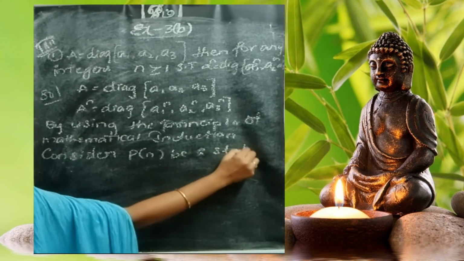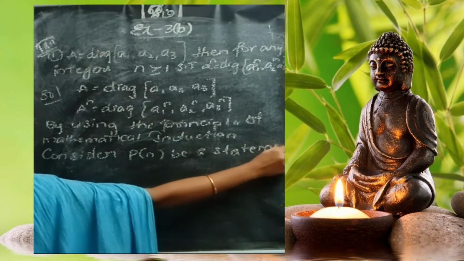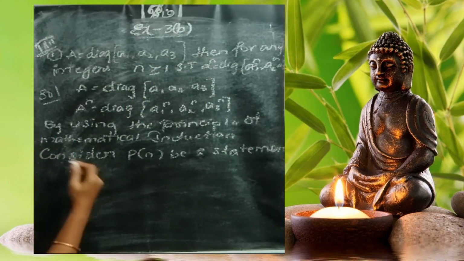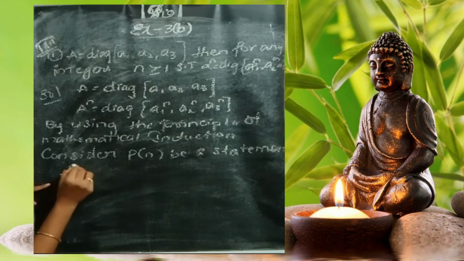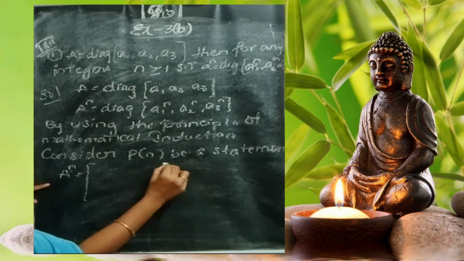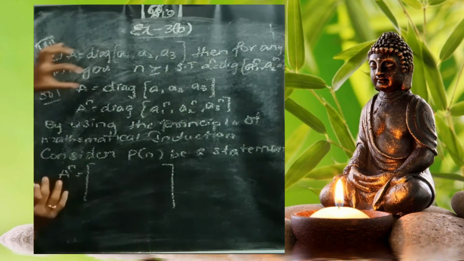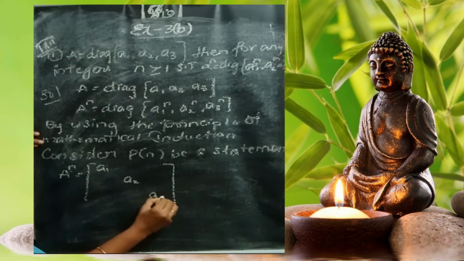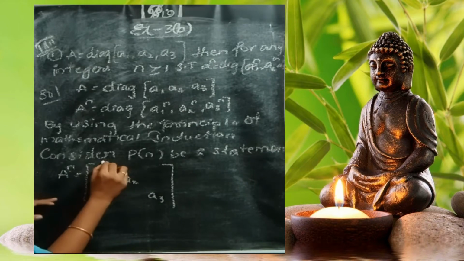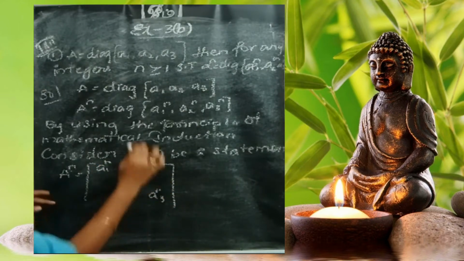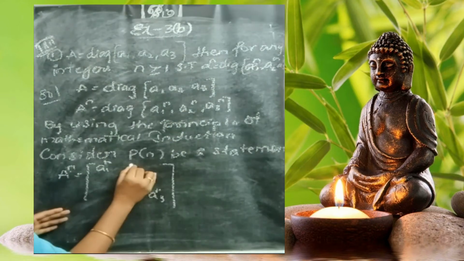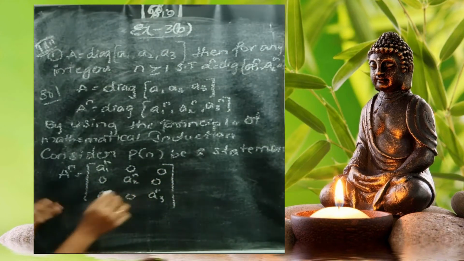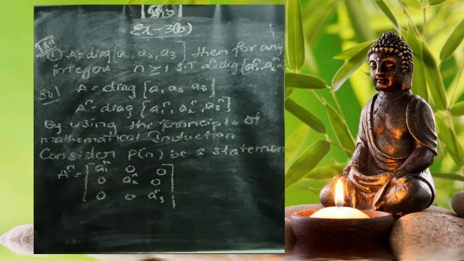Because we have to prove it for all the positive integers. For this, we first construct A power n. They have given only the diagonal a1, a2, a3, and the remaining entries should all be 0. This is the A power n matrix.